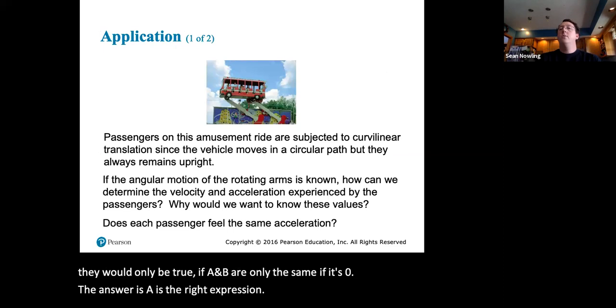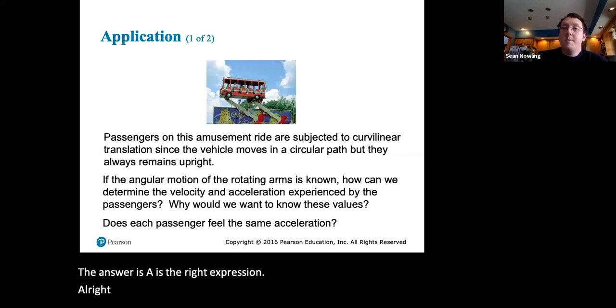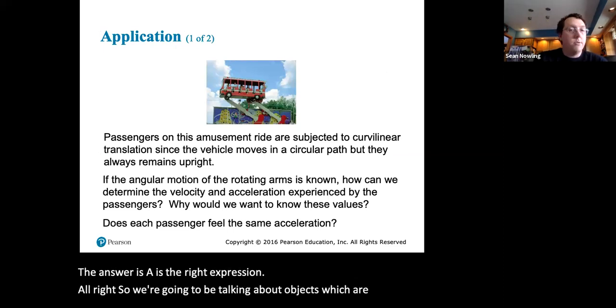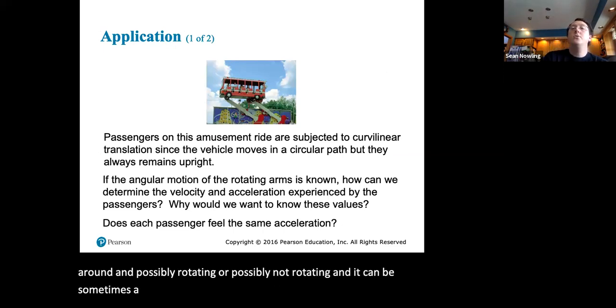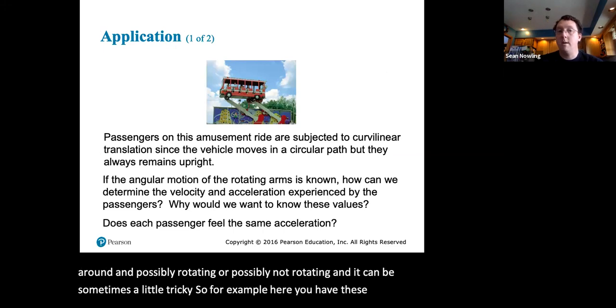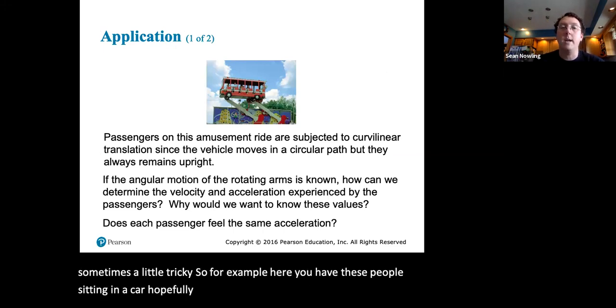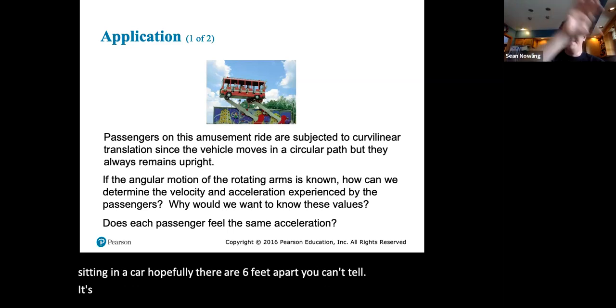All right, so we're going to be talking about objects which are moving around and possibly rotating or possibly not rotating, and it can sometimes be a little tricky. For example, here you have these people sitting in a car. Hopefully they're 6 feet apart, I can't tell. And it's an amusement park ride.